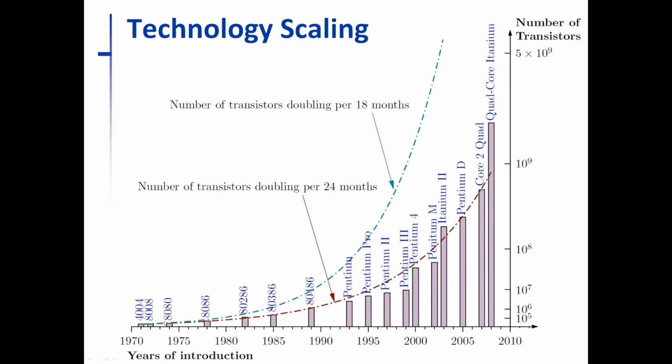And if you take real processor models, these bars represent real processor models made by Intel and the number of transistors in those chips. You can see that there's a close relationship between the actual number of transistors in these mainstream models and the doubling-per-2-years curve. It's nearly perfectly following that curve.